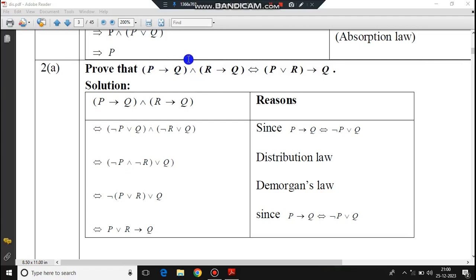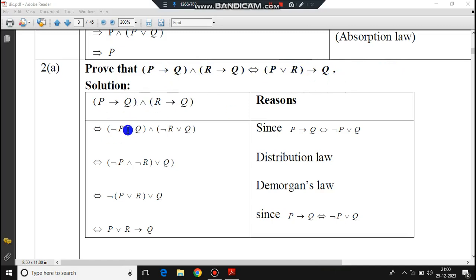Use not truth table, prove this. That's what they will say. So take for example this problem. This is left hand side, this is right hand side. So left hand side equals the right hand side. That's what we have to prove.